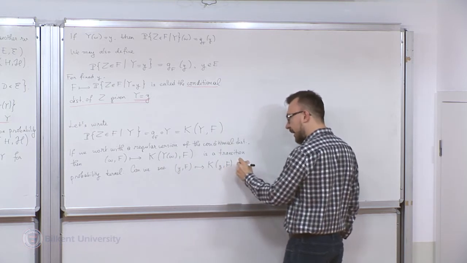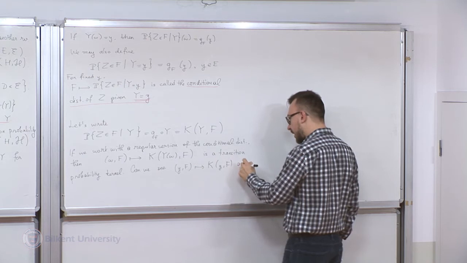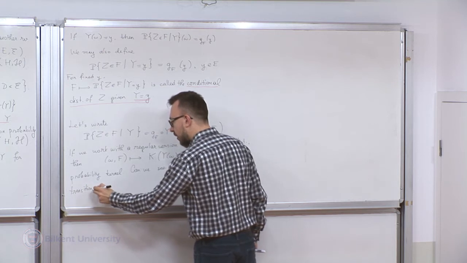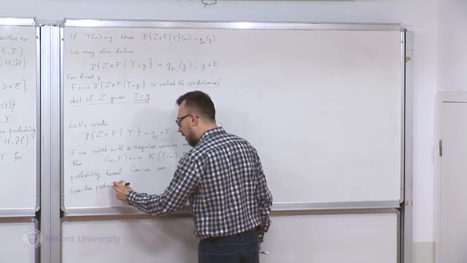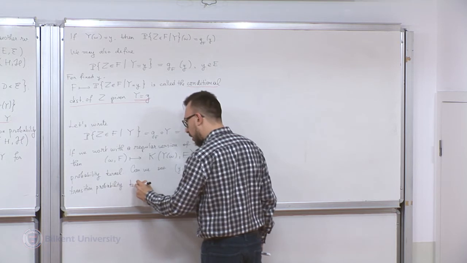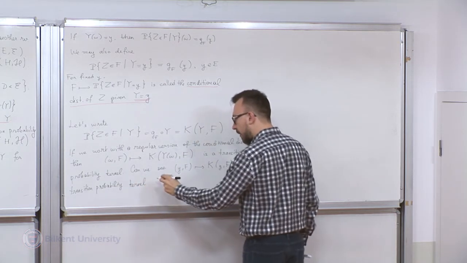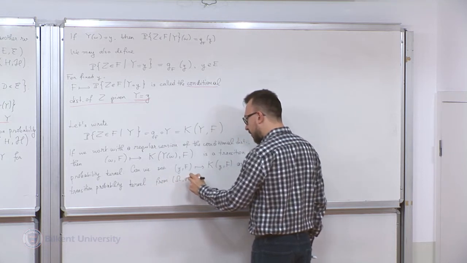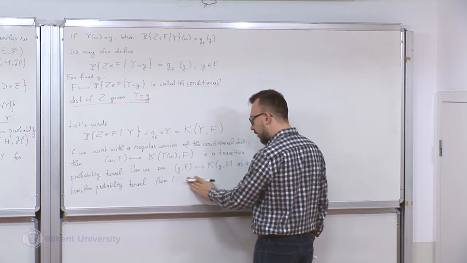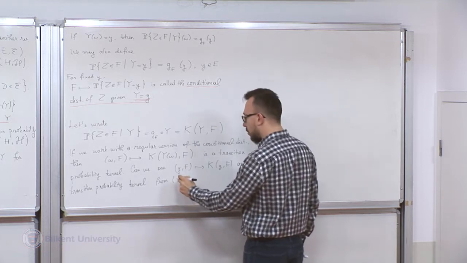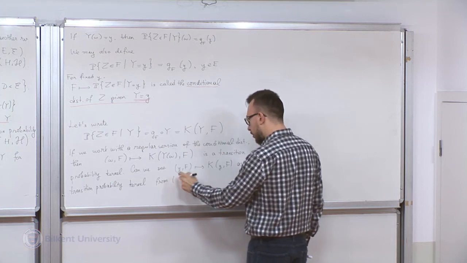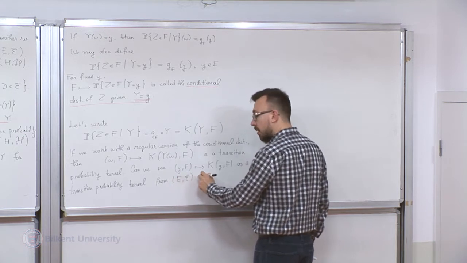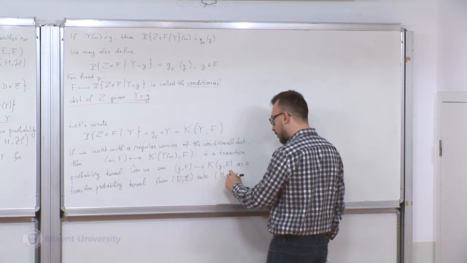So can we see this as a transition probability kernel from E, where y is coming from, into H?